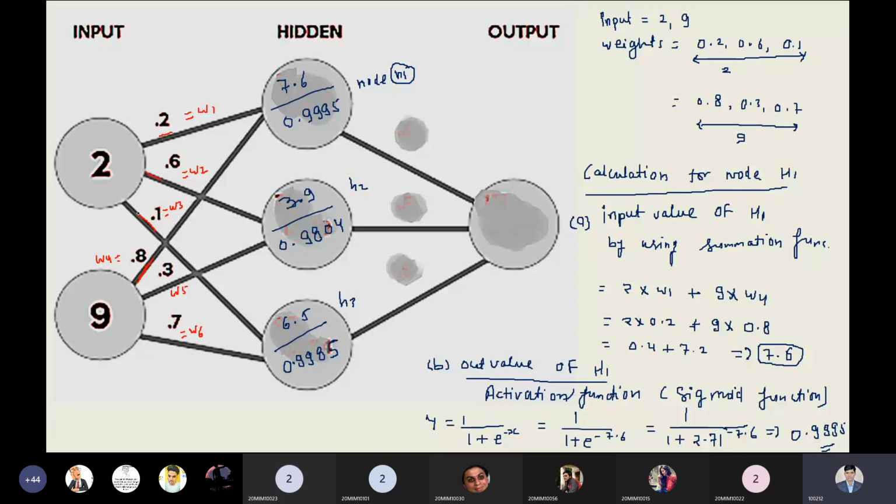Okay, so is everyone getting these values, or is anyone getting a different value? Let me know right now. Sir, getting the same value.